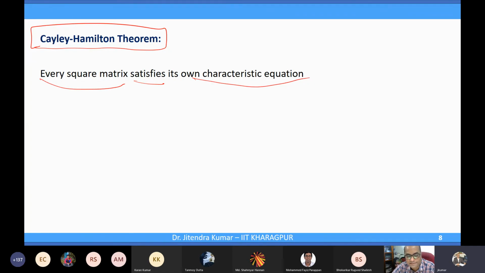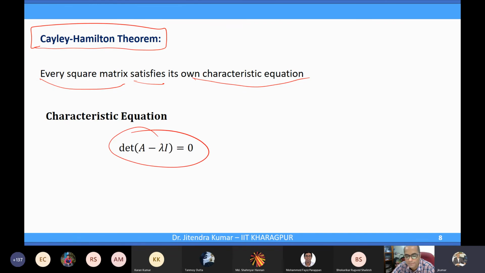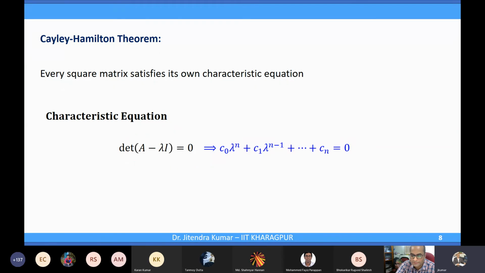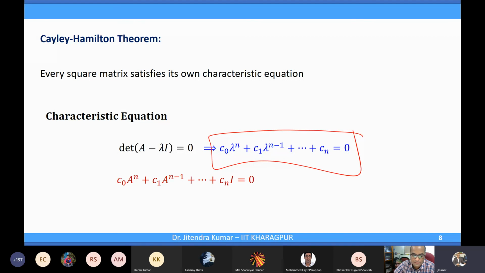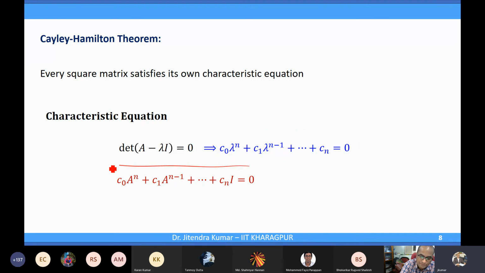What does that mean? You have a characteristic equation, determinant of A minus lambda I equal to 0, and your A will satisfy this equation. So you replace lambda by A.